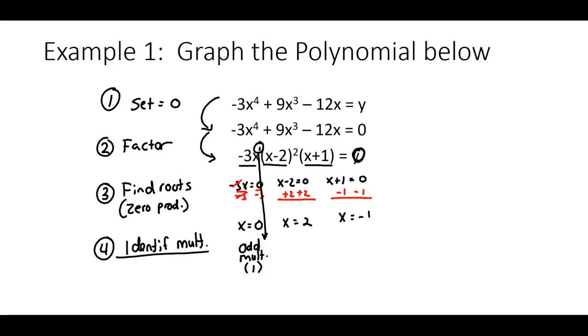For the next root, 2, that one came from this factor, which has an even multiplicity, because its power was a 2. In other words, it's repeated twice. The next one doesn't have a power there, but that just means it's a 1, once again. And so for that one, we have another odd multiplicity, which is, once again, a 1 in this case. Okay?